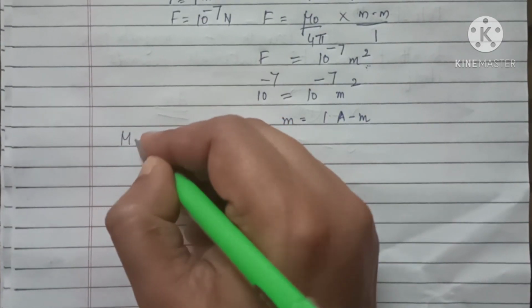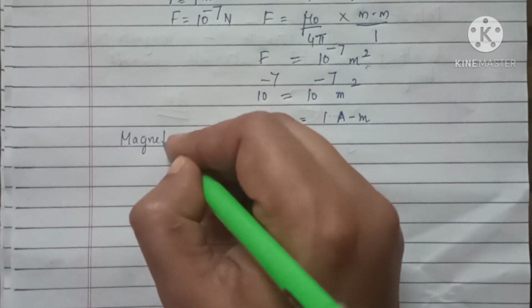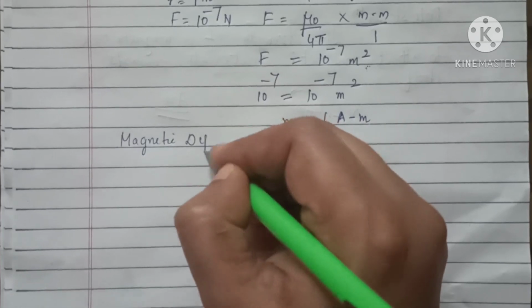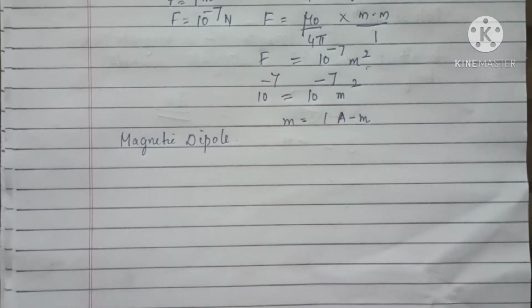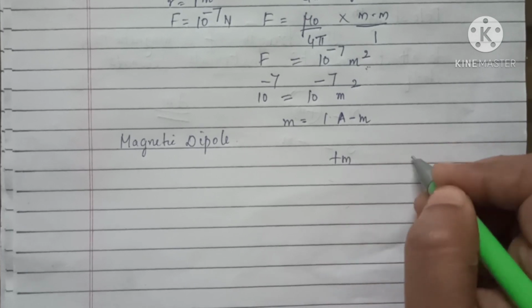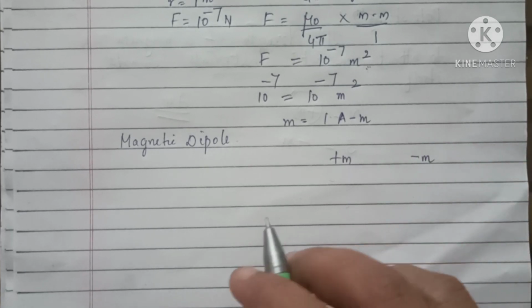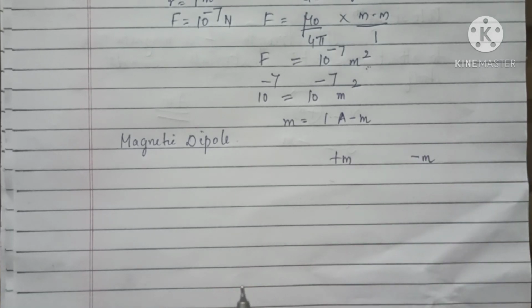You know what is a magnetic dipole, but again we have to discuss a little. So magnetic dipole means it is actually an arrangement of two magnetic poles of equal and opposite strength, that is plus M and minus M, separated by a small distance. That means you can consider a bar magnet as a magnetic dipole, a compass needle as a magnetic dipole.